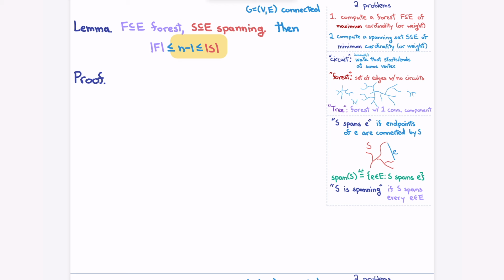So the claim is that any spanning set of edges, in a connected graph, has at least n minus 1 edges. Suppose I had a graph with n vertices. That would be the first sentence. What would be the second sentence?